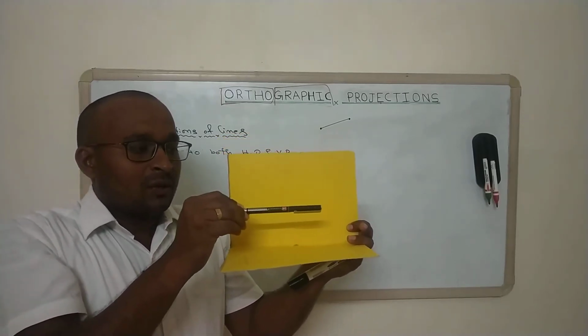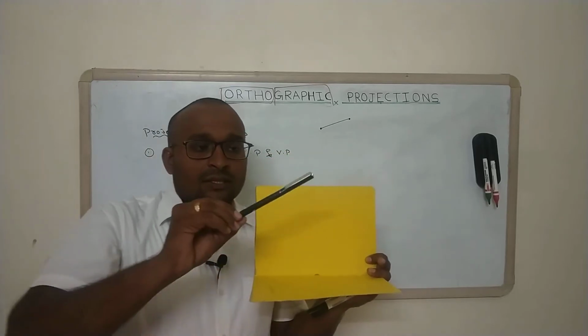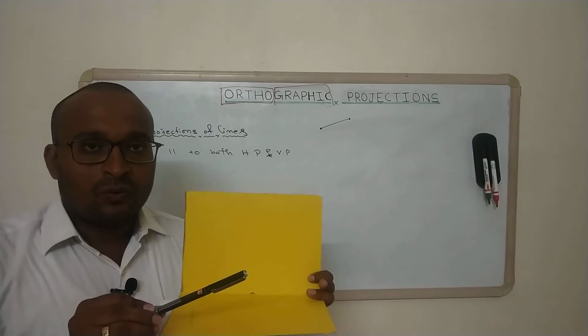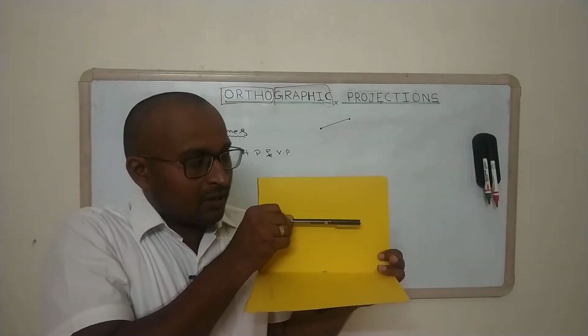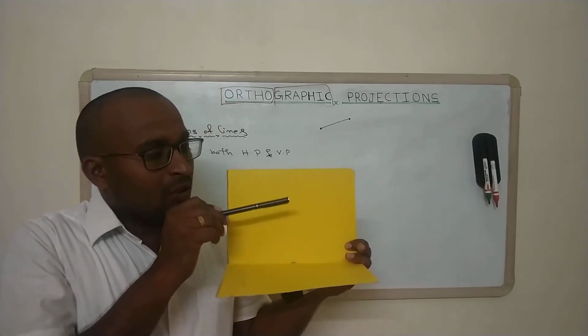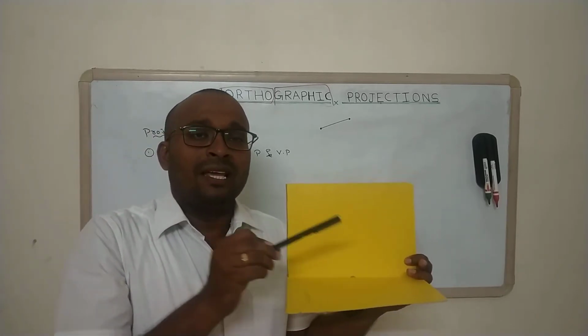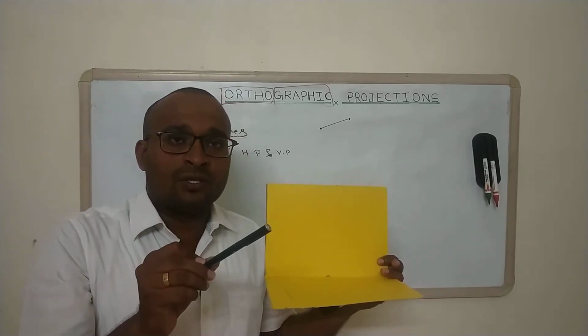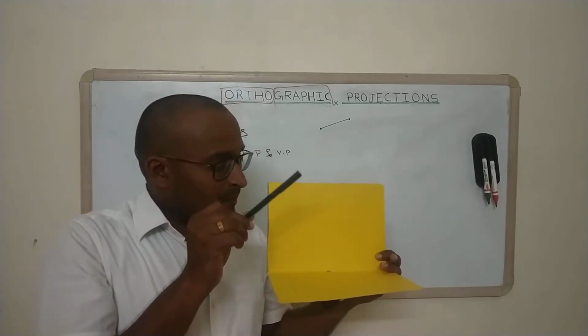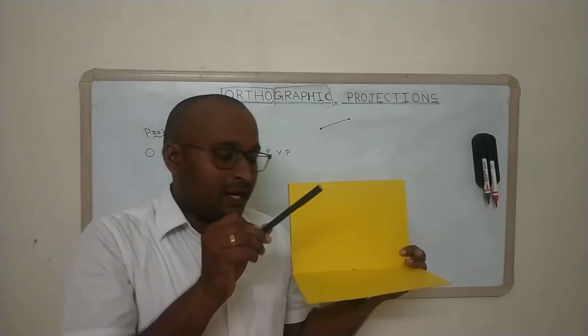Remember that whenever a line or plane is parallel to any one of the surfaces, either horizontal or vertical, that plane shows the true shape and true length of the point, line or surface.